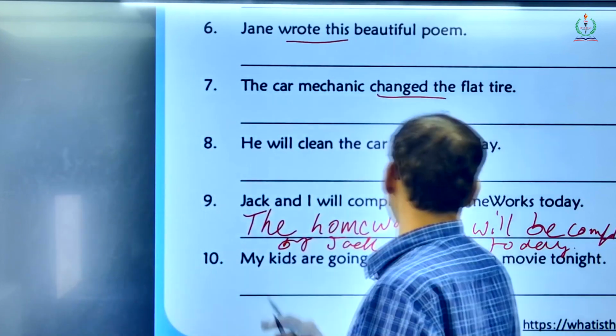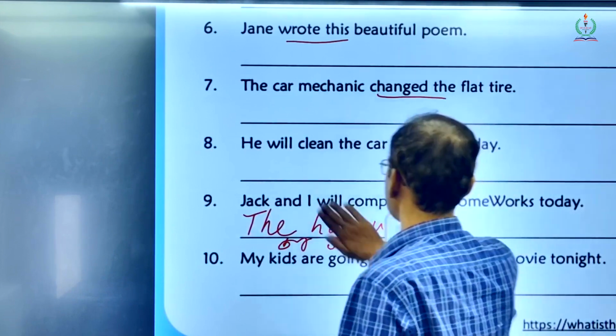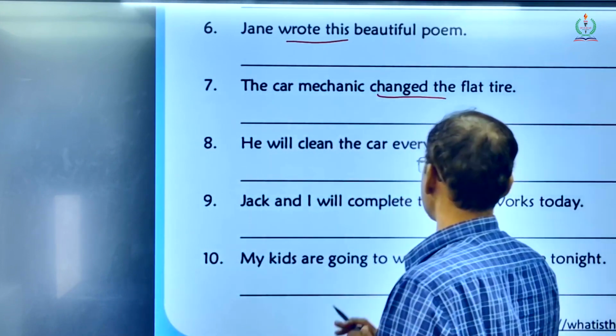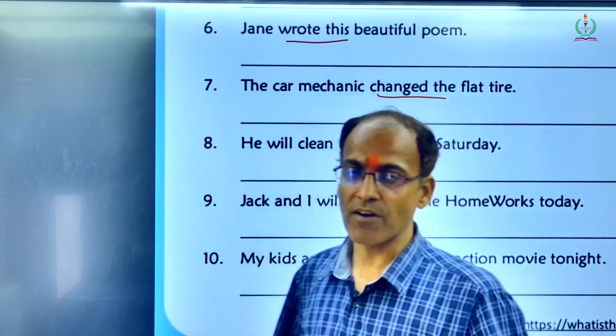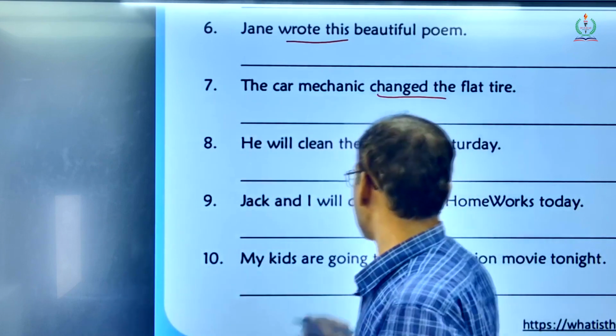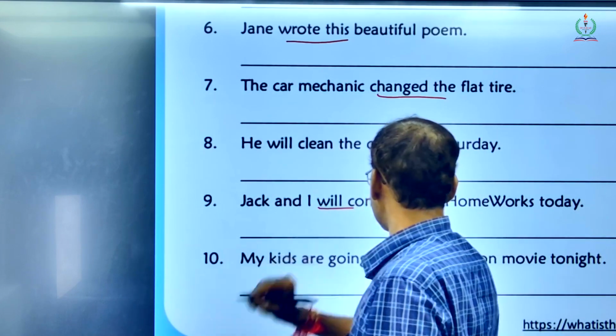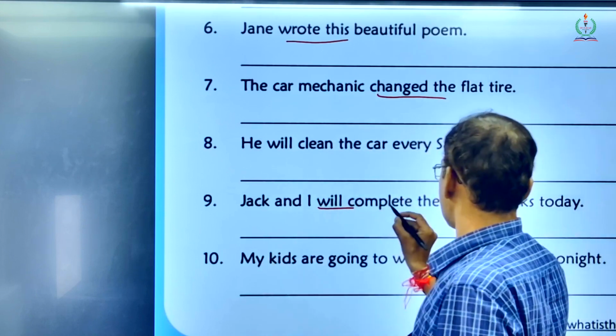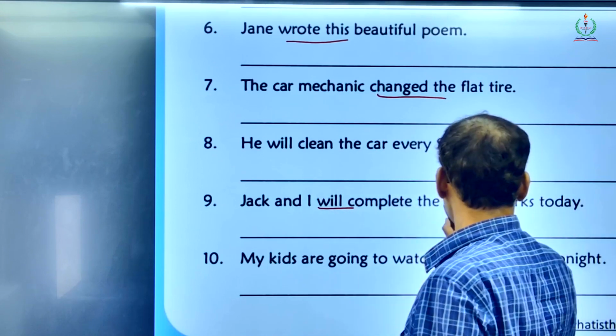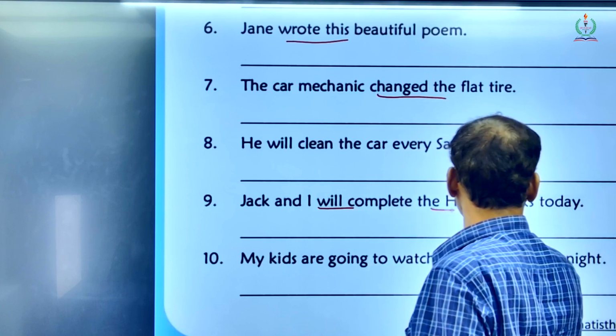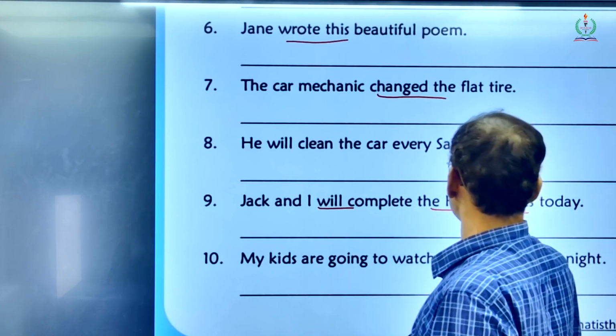Here basically we have to identify the main thing, which is what is the object, what is the subject, and what is the verb in the active voice form. Here the verb in the active voice form is nothing but future indefinite, and the homeworks is the object of the sentence.